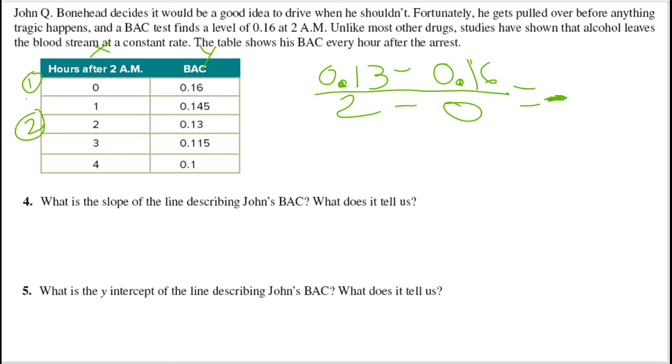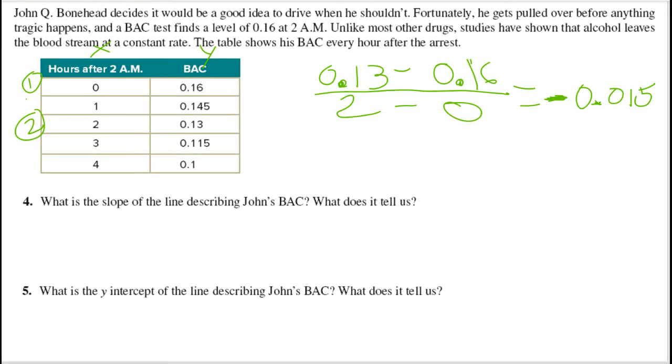So negative 0.13 minus 0.16. I've decided it's negative, so now I can just take 0.16 minus 0.13, and I get 0.03, but I have to divide that by 2 from my 2 minus 0, so I get 0.015.